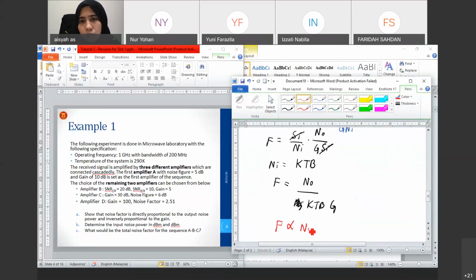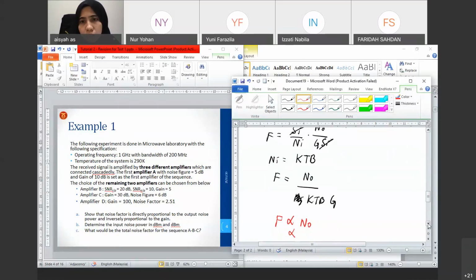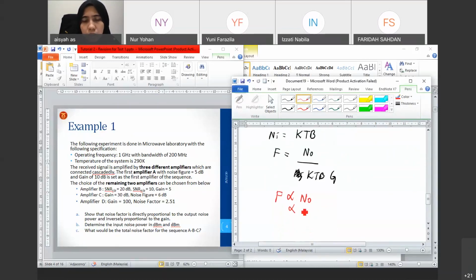proportional to NO, and inversely proportional to the G. This means you need to use G, which is from the signal output.